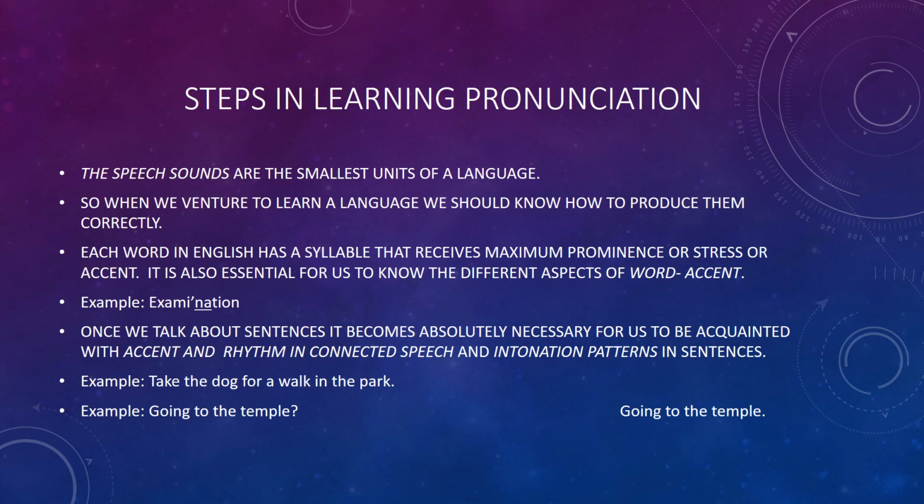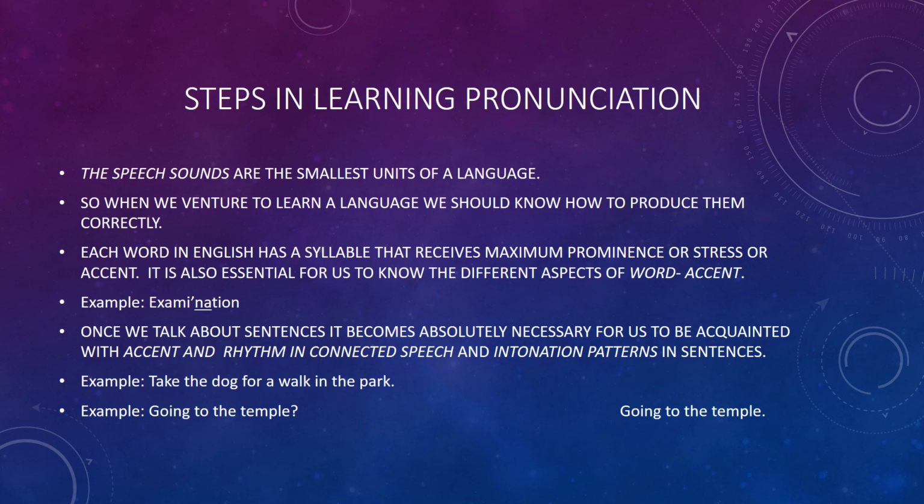The speech sounds that we talked about are the smallest sound units of a language. So when we venture to learn a language, we should know how to produce them correctly. While learning a second language, we may find some speech sounds that are commonly used both in our mother tongue and the language that we are trying to learn.